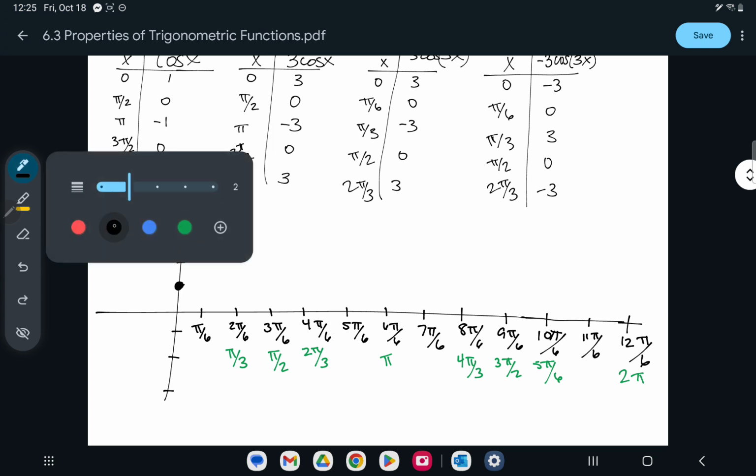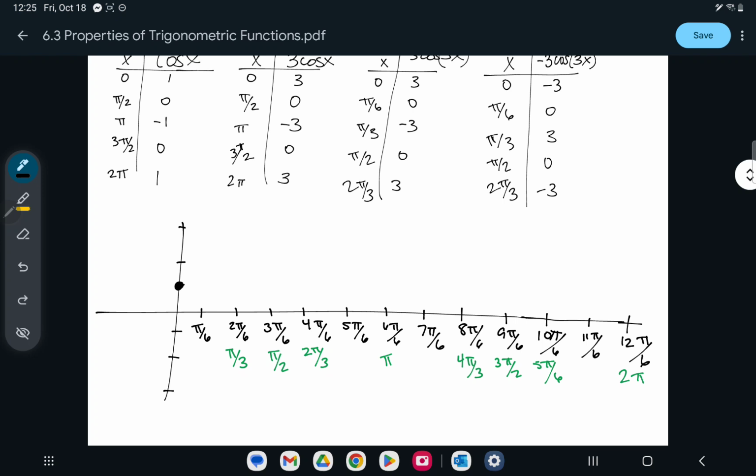All right, now it might be easier to graph things, because then pi over 2 is 0. Pi is -1. 3 pi over 2 is 0. And 2 pi is 1.